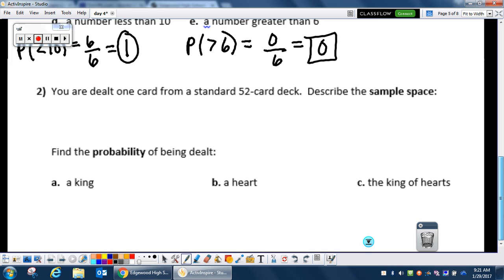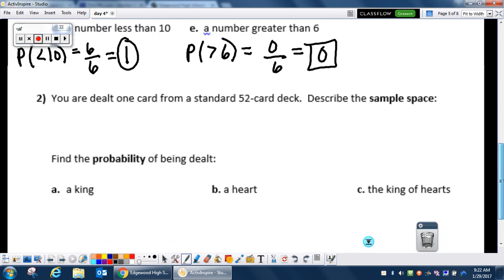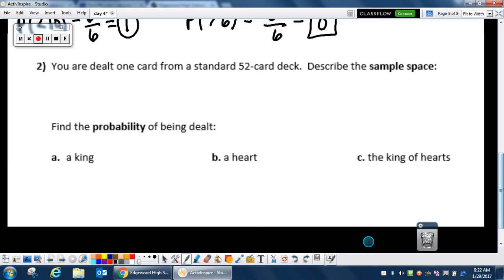All right, now the cards. I will always tell you how many are in a deck, so if you don't know, please ask. Some of you might know cards a lot better than others. But in a standard deck, there's 52 cards. There's going to be, and I'll put these in red, 13 hearts, which are red, obviously, and 13 diamonds.